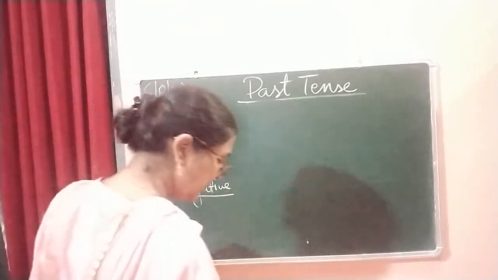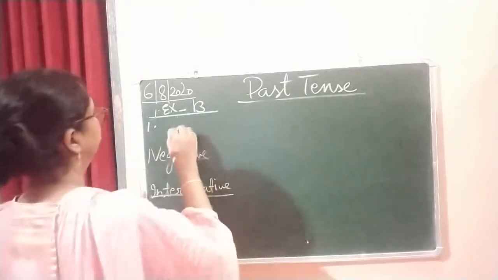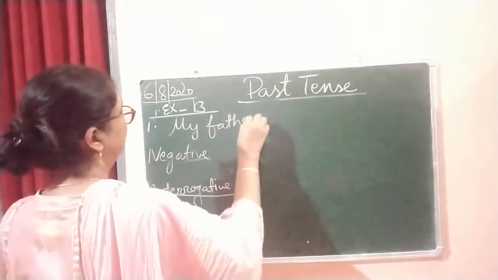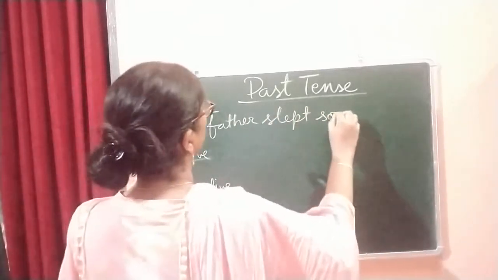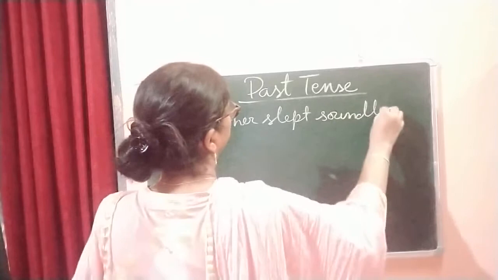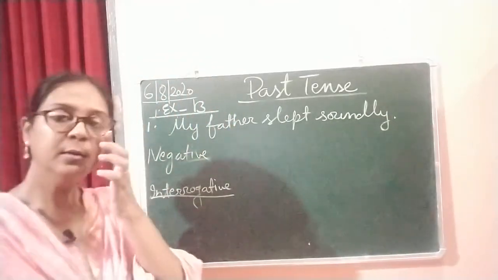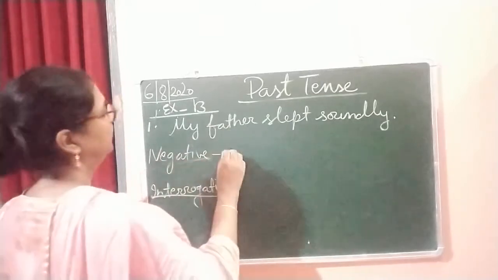Second number is: my father slept soundly. So now what are we going to use over here in negative sentences?